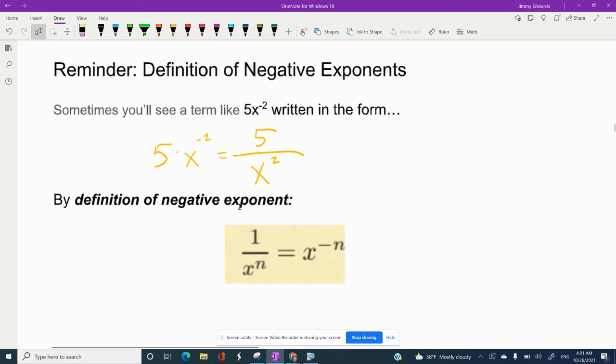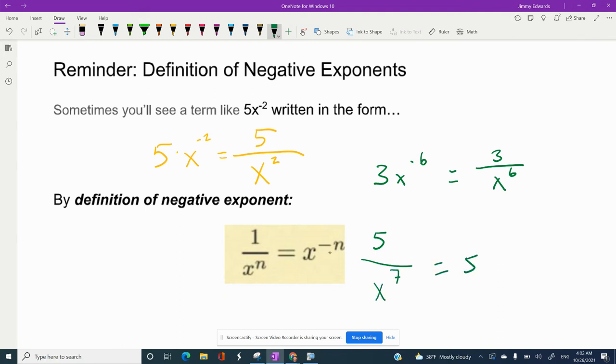By definition of negative exponent, dividing by a monomial with a positive exponent is exactly identical to that base raised to a negative exponent. If that sounds kind of weird, seeing a few examples is going to really illuminate this. So 3 times x to the negative 6 is equal to 3 over x to the positive 6. 5 divided by x to the 7 is equal to 5 times x to the negative 7.